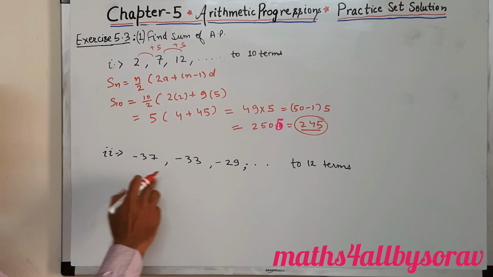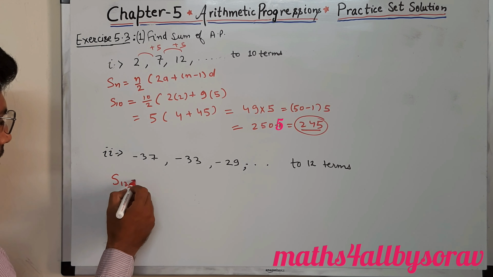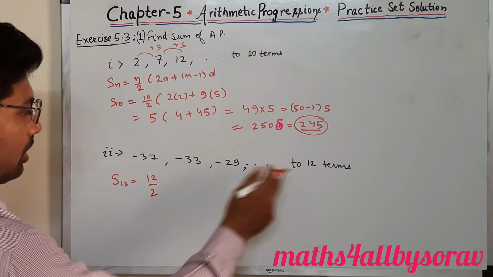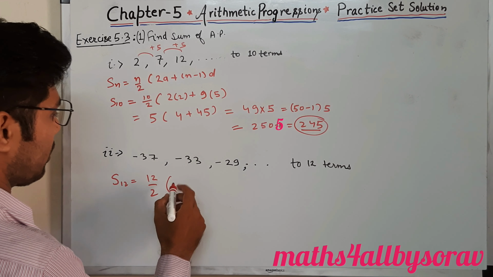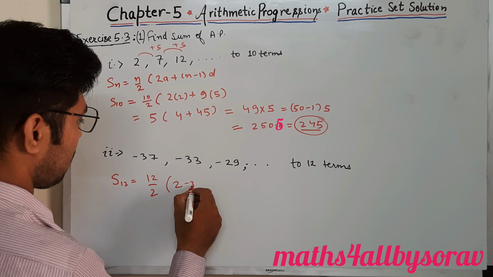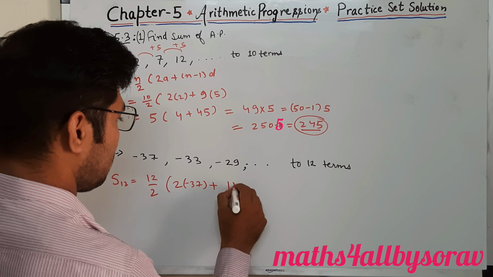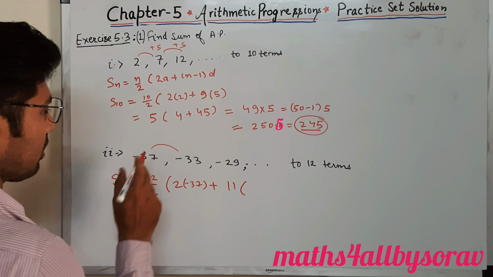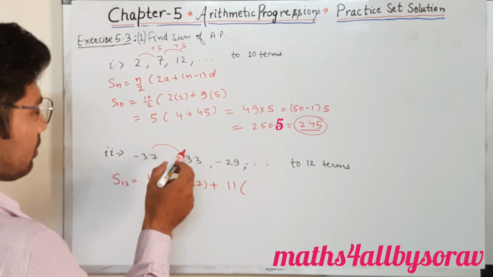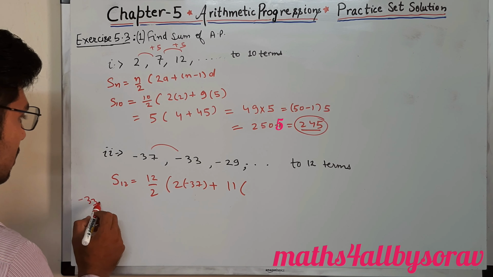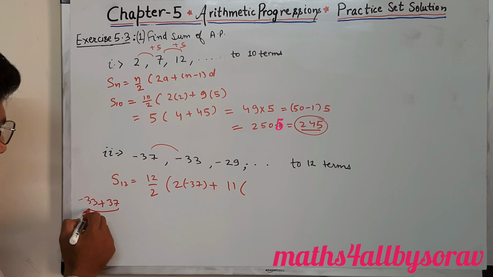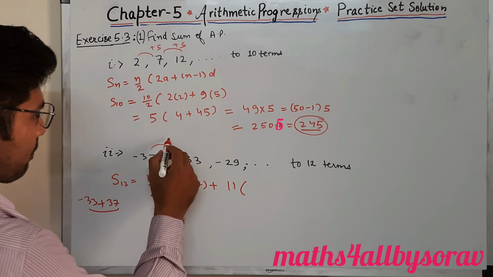Now come to this one. S12 is equal to 12 by 2. Okay, and twice of a is minus 37, plus n minus 1 means 11 into d. What is the difference here? We are going in the opposite direction. Minus 33 plus 37, this will be 4.